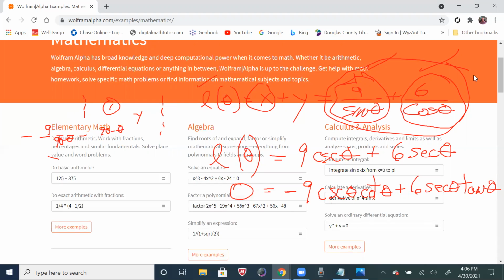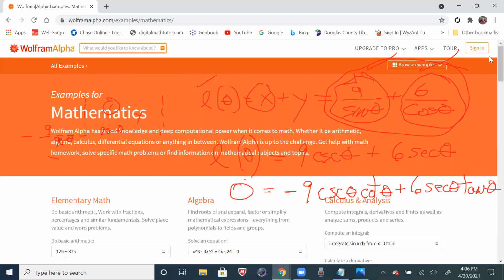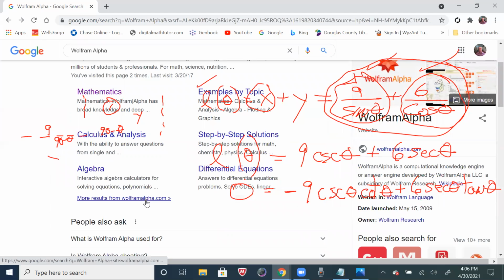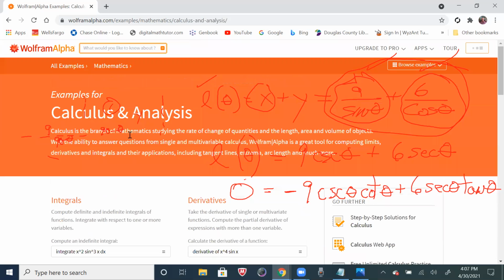Wow, didn't realize I was going to solve an equation. Let's try that. Hold on a second, I've got to get to Wolfram Alpha. Let's try calculus and analysis and see if that changes.